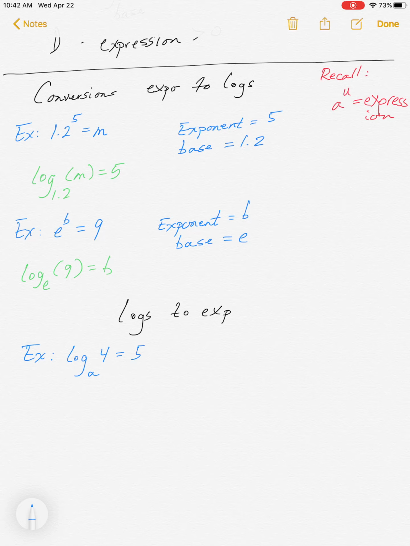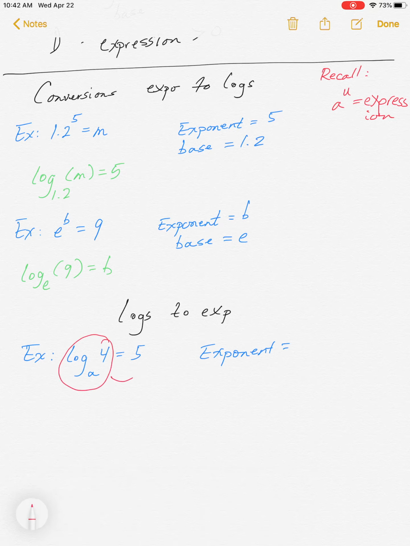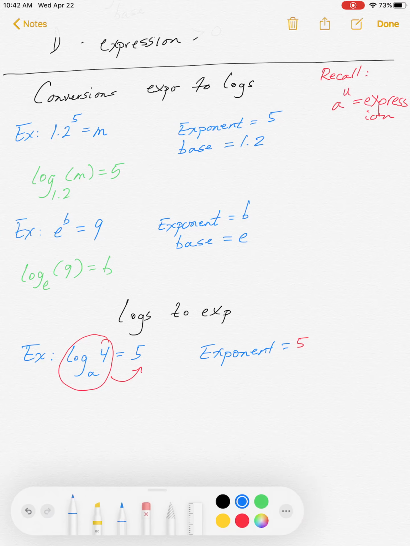Again, the exponent is what the log equals. This entire log expression equals the exponent. So our exponent is 5.